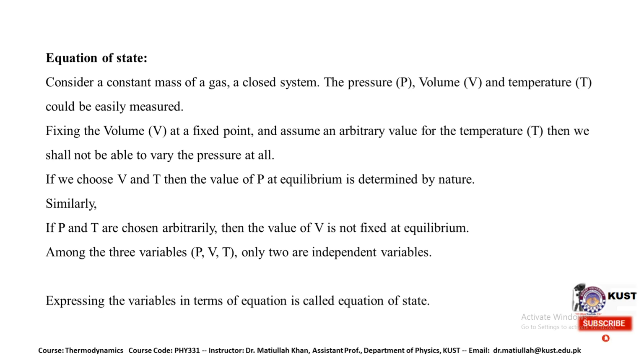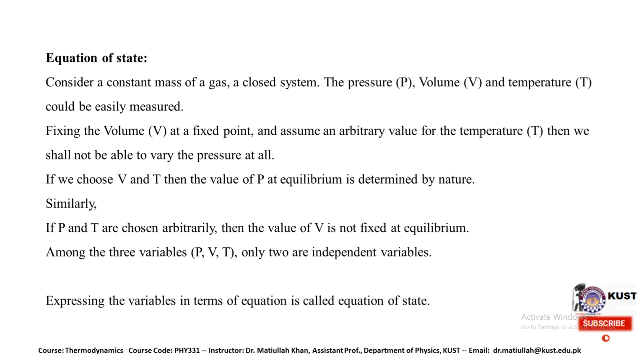So the equation of state defines the relationship between these measurable macroscopic properties of any particular system. It says that if we fix two of the properties among the pressure, volume, and temperature, then we cannot control the third one.